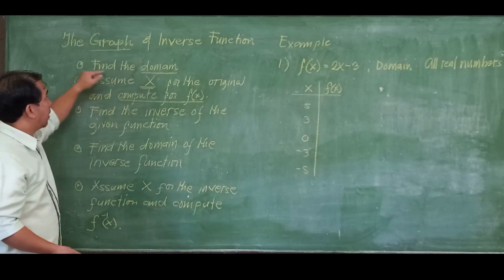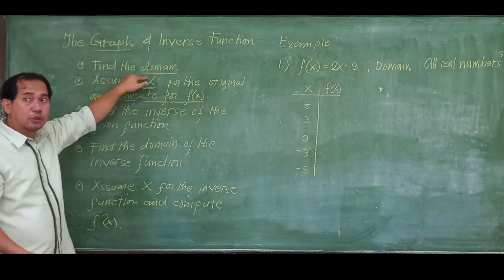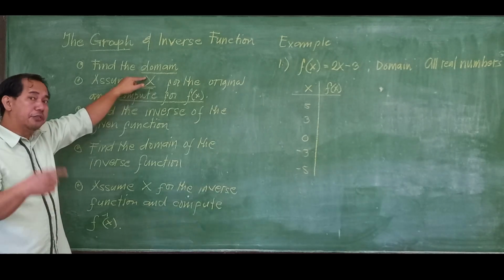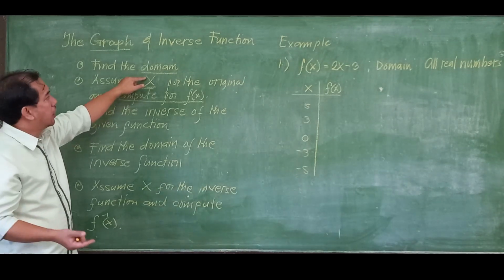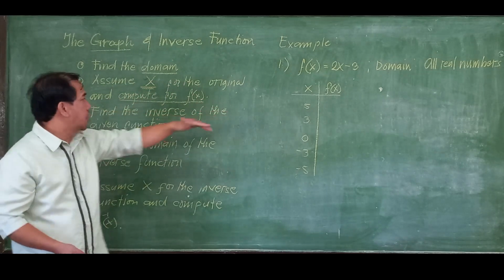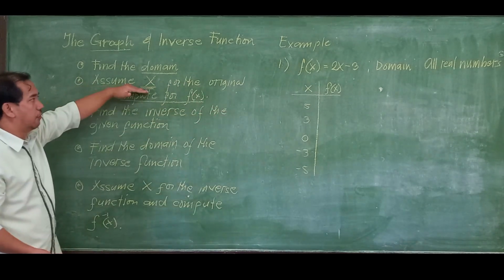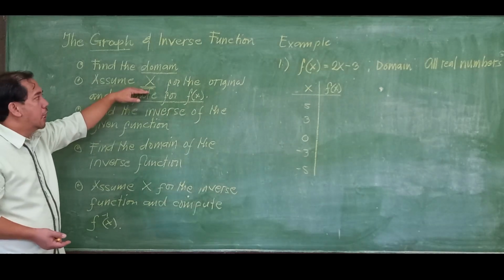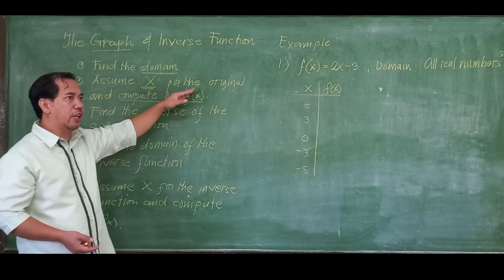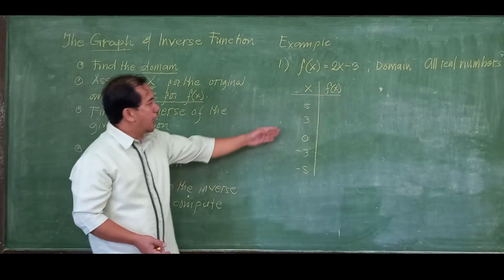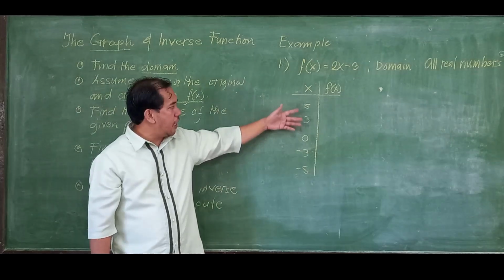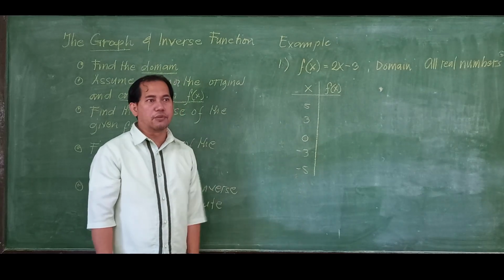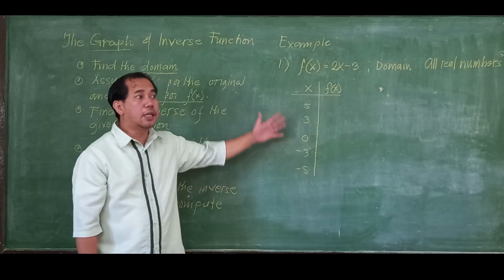After analyzing them, then we can now find the domain of the function. After having now the domain, saying the domain are all real numbers, that's the time we can assume now the values of x, or the possible values of x. And so after assuming the possible values of x, you can now state, we have 5, 3, 0, negative 3, and negative 5.